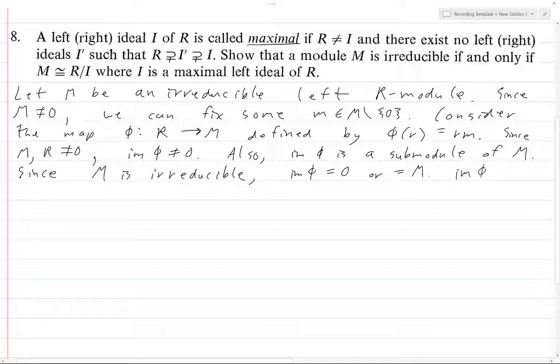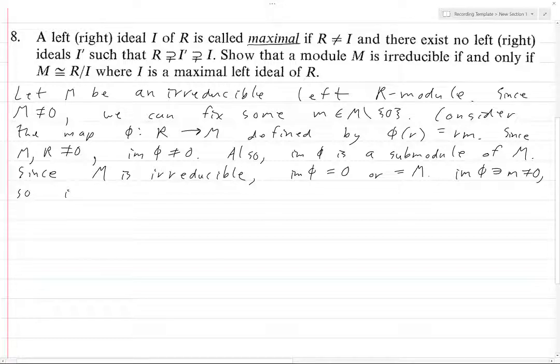The image of phi contains the element m, right? Because R must contain 1. We're not considering rings without the identity, which is a hilarious definition. So R has the element 1, so phi of 1 is just m, and m is non-zero.